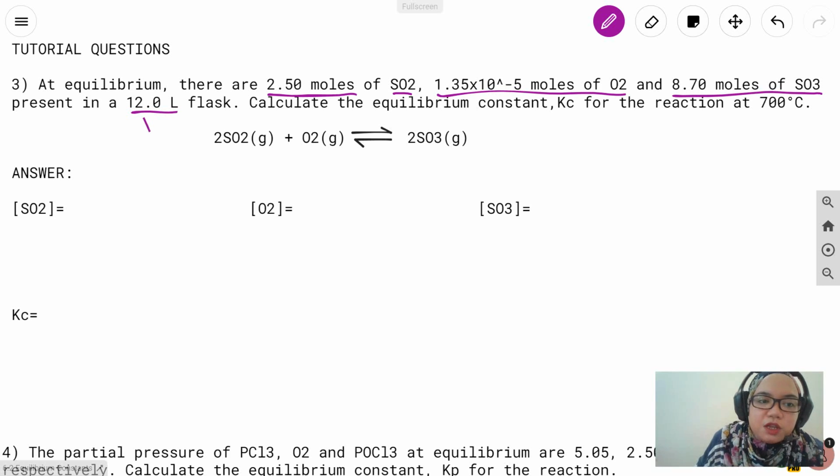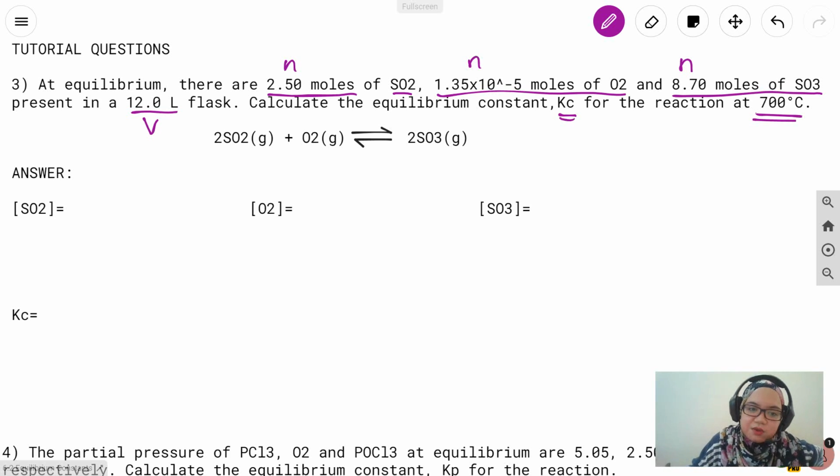Okay, so this is the volume, and these are the numbers of moles. Calculate the equilibrium constant in terms of concentration, Kc, for the reaction at 700 degrees Celsius.